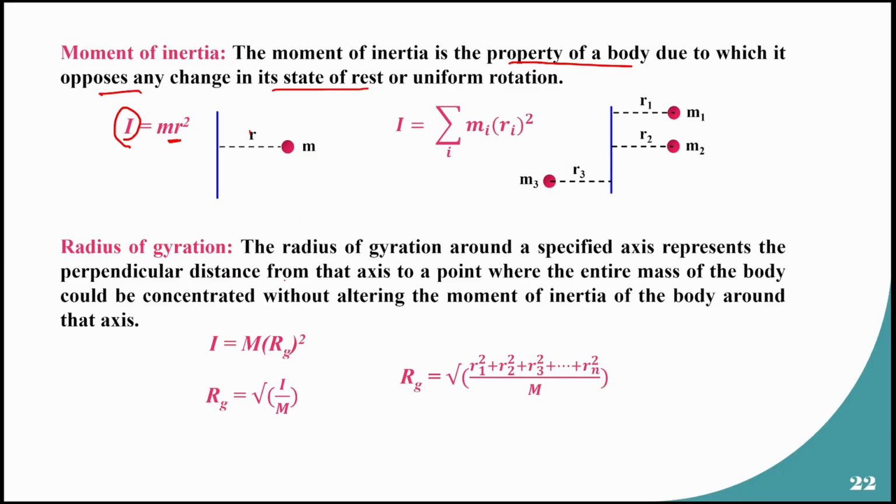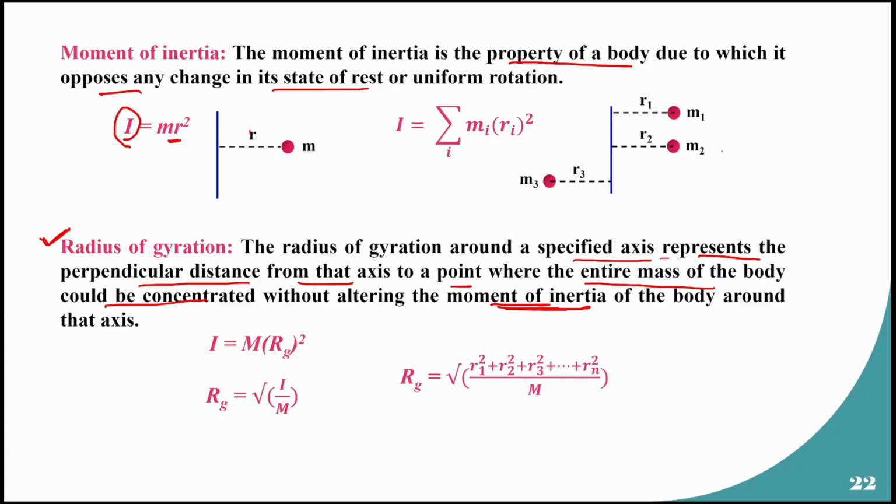Now, given a moment of inertia, how you specify the radius of gyration is this: around a specified fixed axis, the radius of gyration represents the perpendicular distance from that axis to a point where the entire mass of the body could be concentrated without altering the moment of inertia.